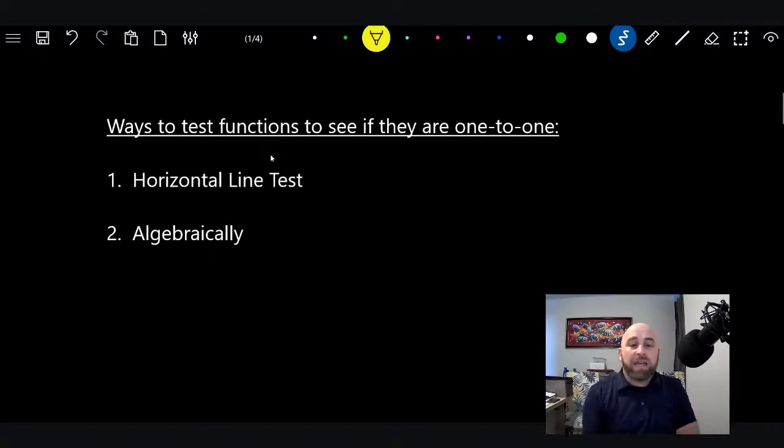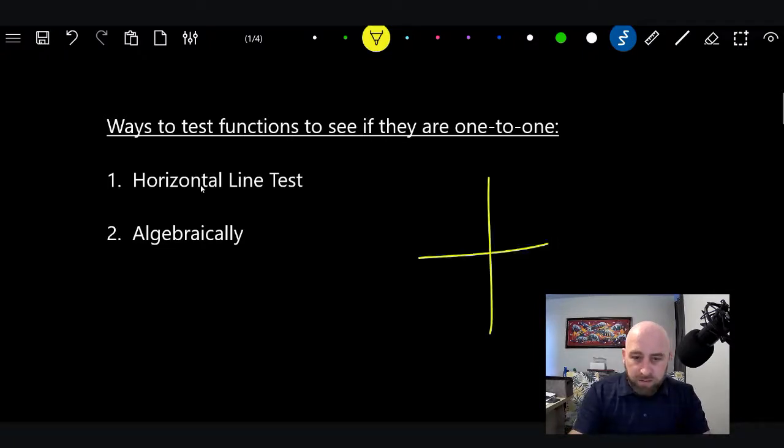What are some ways to test to see if it's a one-to-one? Are there ways that we can find out? Yes, there are. One of the ways is what's called the horizontal line test. Now, hopefully you remember from the lesson on functions, the vertical line test. What the vertical line test said was that if we have a line, and we test that line, let's make this green line be the test line.